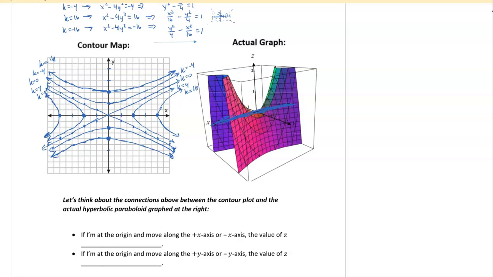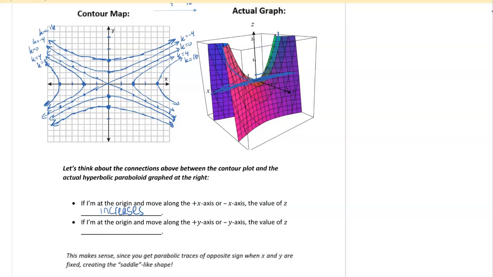Traveling along the x-axis direction, you'll notice that z is increasing. If we move along the y direction, though, which is this way right here, you'll notice that we fall down on the saddle. So the value of z decreases.